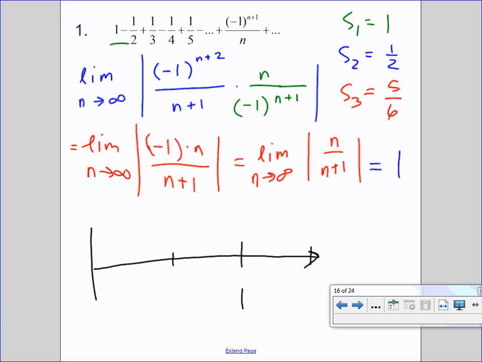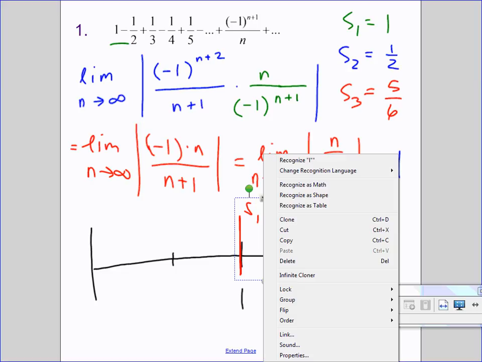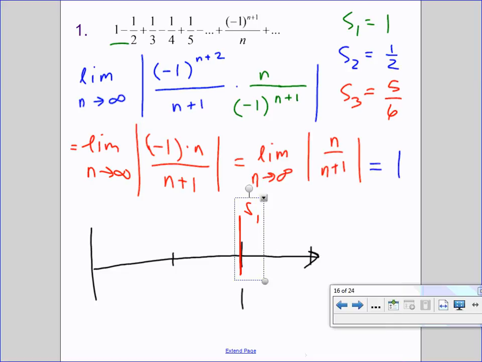All right, so let's go ahead and play along with it. We're going to now plot the partial sums. Ready? S sub 1 is 1.